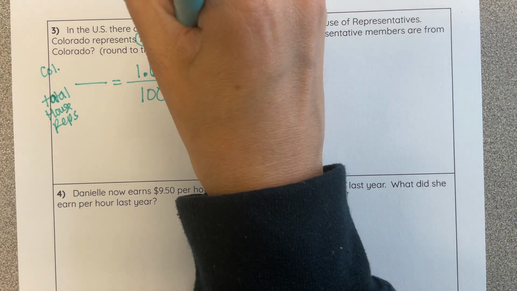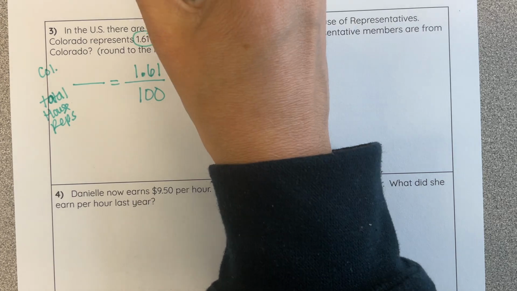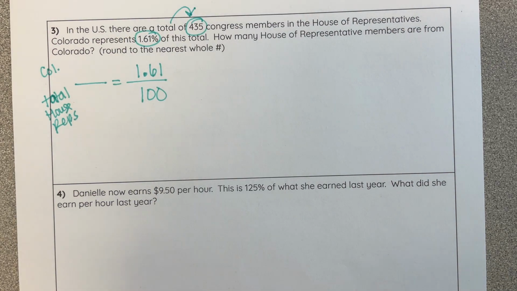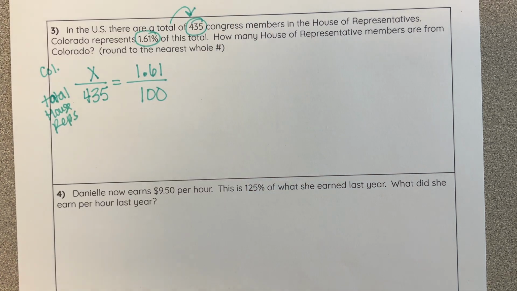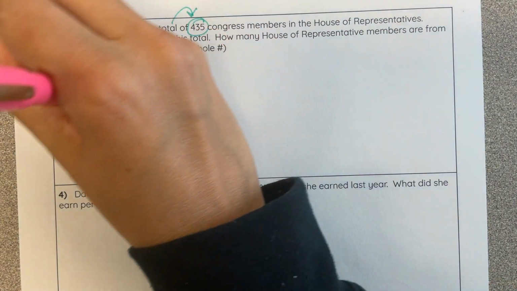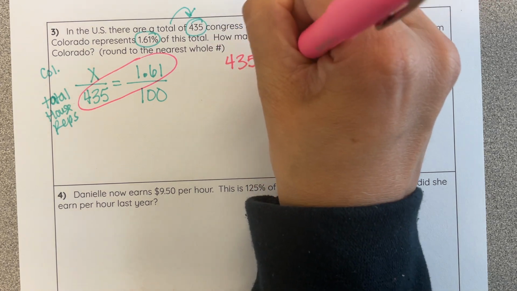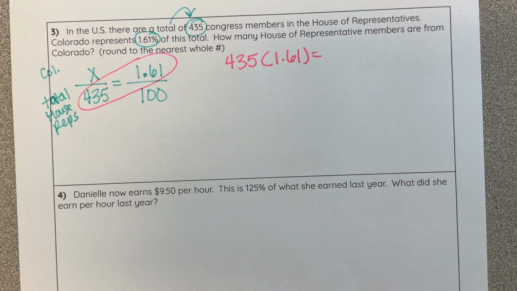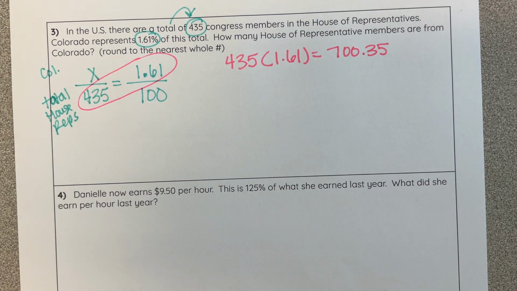So we got to look at this number that's given to us, 435. It says there are a total of 435 Congress members. So that's the total for the entire U.S. We don't know the Colorado portion. That's what we're solving for. So we can go ahead and solve. We're going to multiply 435 times 1.61, which gives us 700.35.